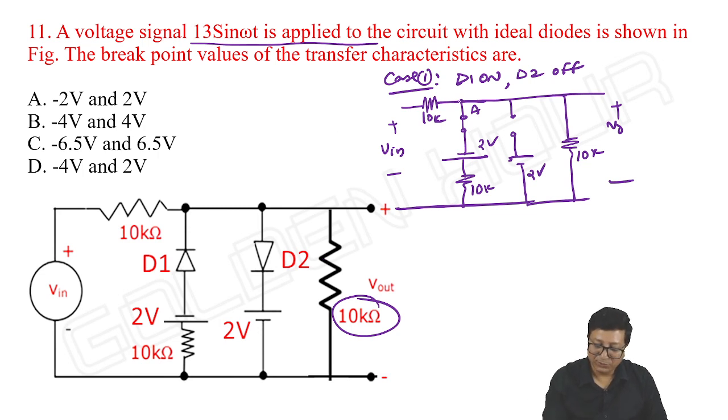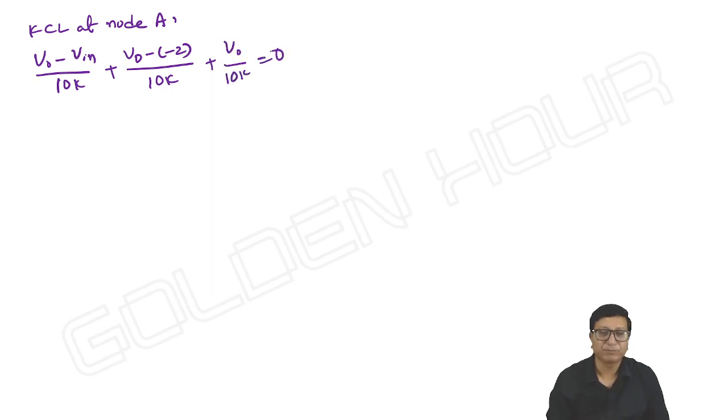What we can write? V output minus V input by 10K, plus V output minus of minus 2 by 10K, plus V output minus 0 by 10K, or V output by 10K.